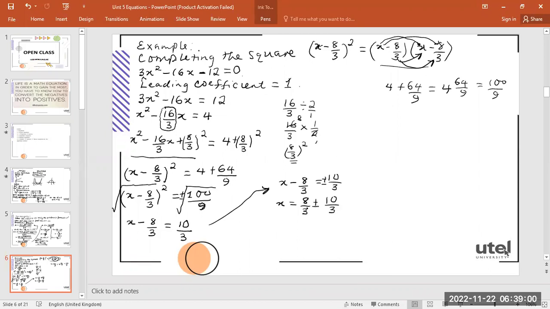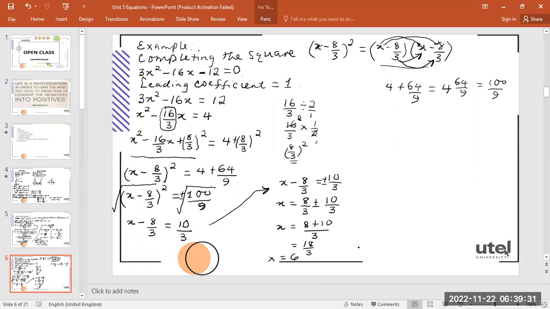So it then means we can work them out individually for the positive and the negative. Then our solution x is equal to either 8 plus 10 divided by 3. That gives us 8 plus 10, which is 18, and 18 divided by 3 gives us x equal to 6.